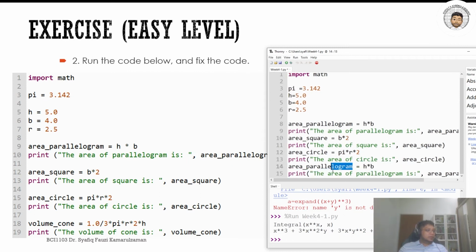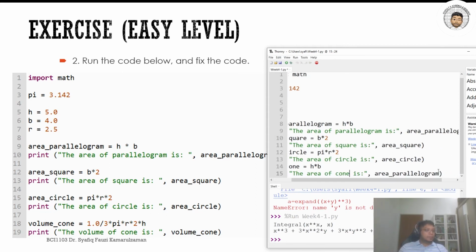And the last one is the cone. Change copy, and another cone. So the equation is 1.0 divided by 3.0 times pi times r times 2 times h.